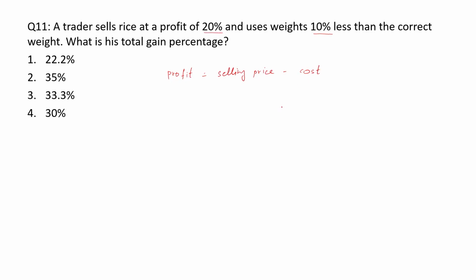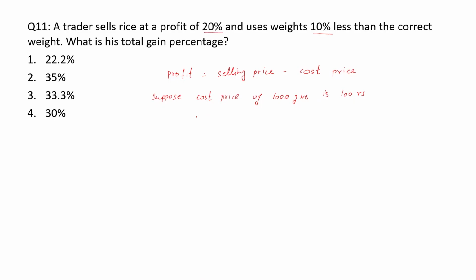So cost price is the price the trader has bought the product at. So suppose cost price of 1000 grams is 100 rupees. Is that okay? So let us consider 1000 grams of the product is 100 rupees.